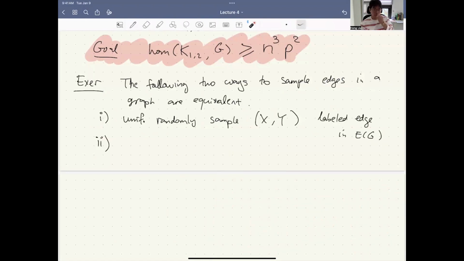Very simple. Among all 2 times e(G) many choices, you pick one. Think of it as a two-stage random process. First randomly sample x, the first vertex, proportional to the degree of each vertex.